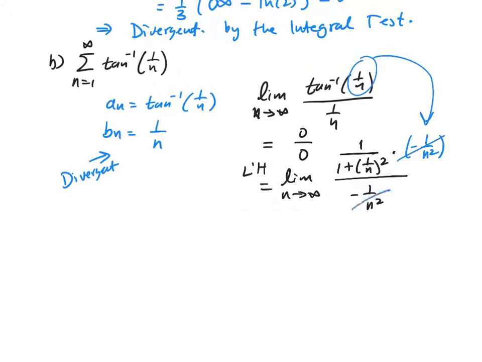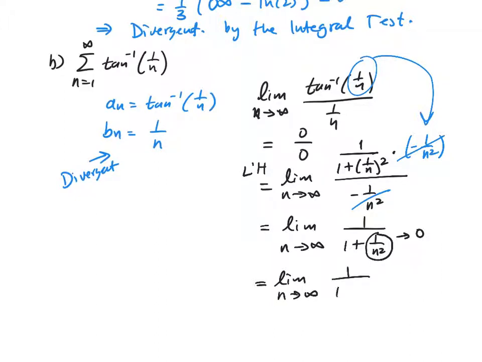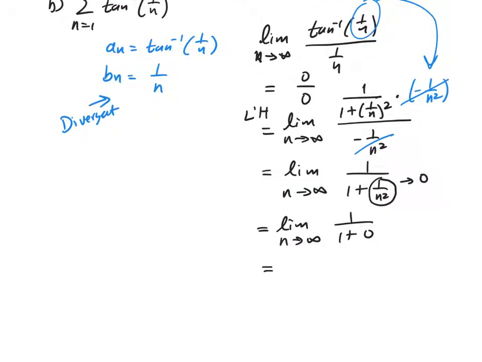Here these two will cancel, so this will be the limit as n goes to infinity of 1 over 1 plus 1 over n squared. Well, notice that when n goes to infinity, this thing goes to 0. So this is the same thing as the limit as n goes to infinity of 1 plus 0. So this is just 1.